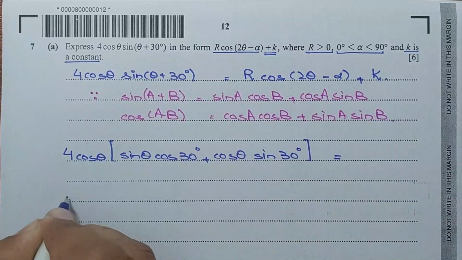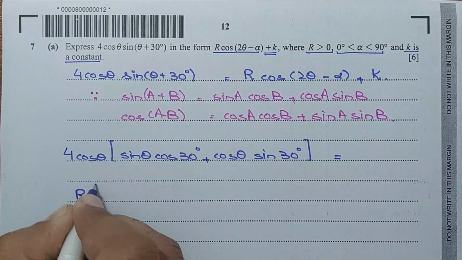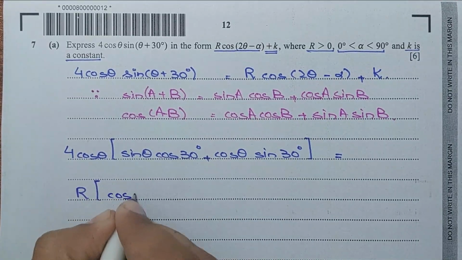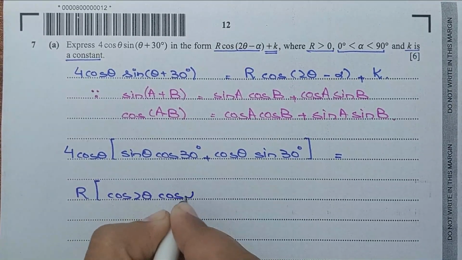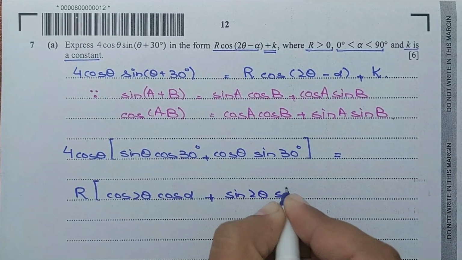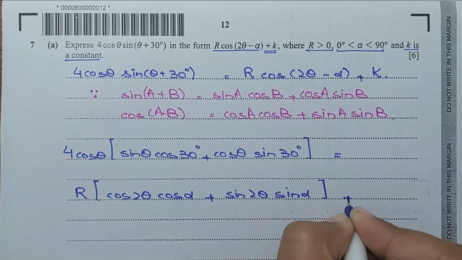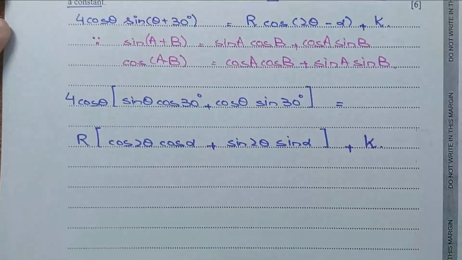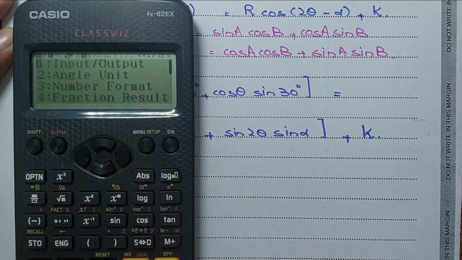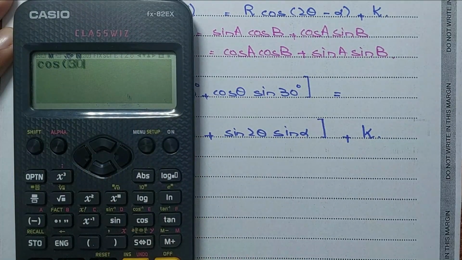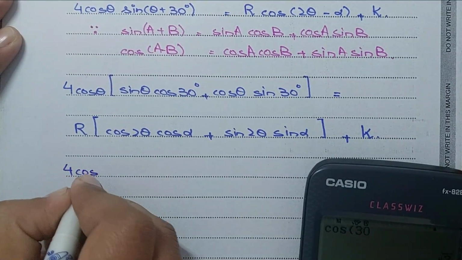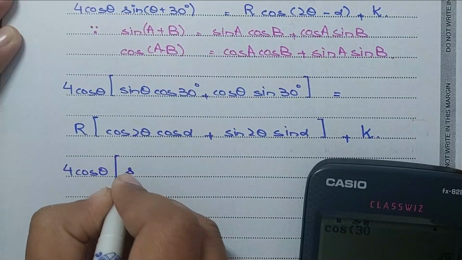This whole thing equals r bracket cos (a minus b): cos theta cos alpha plus sine theta sine alpha, plus some k. Okay, now for this simplification we need to figure out sine 30 and cos 30. This is in degrees, not radians. Cos of 30, okay, 4 cos theta sine theta.